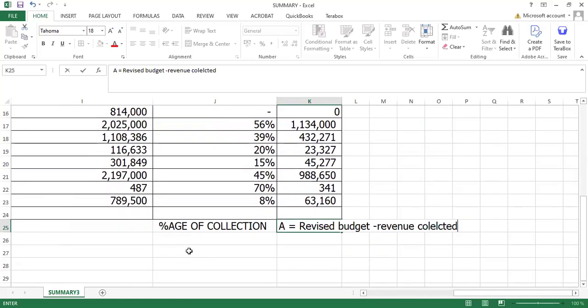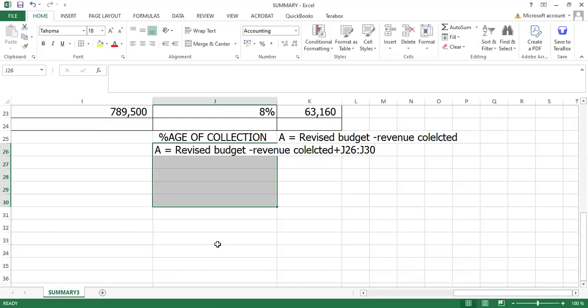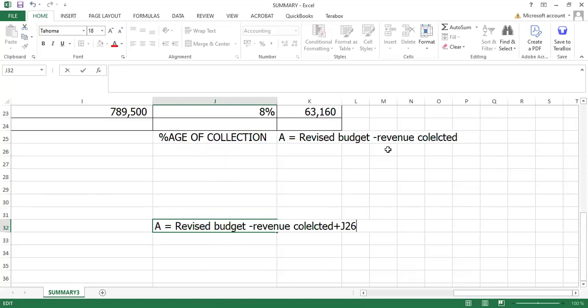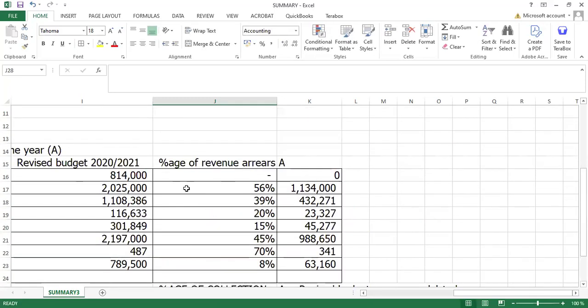Like you first get the amounts, the revenue you corrected here. And after getting the revenue you collected, you go ahead and get your A. But this approach, the first one is really simple.